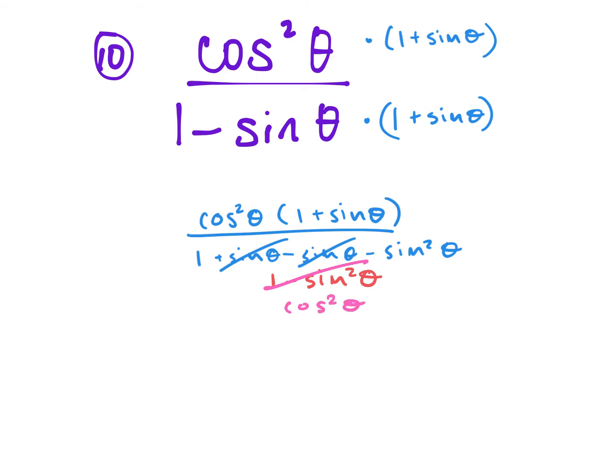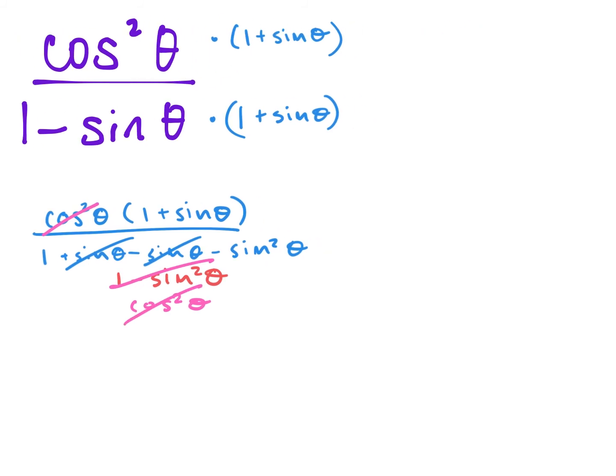Because you canceled them out, right? So cosine squareds, if I have one on the top and on the bottom, they'll cancel. So then here I'm just left with 1 plus sine. Done.